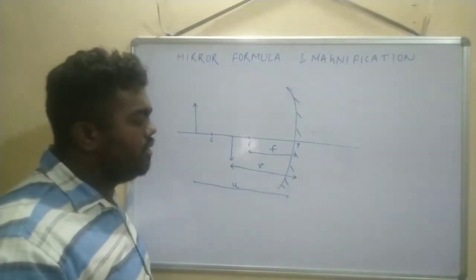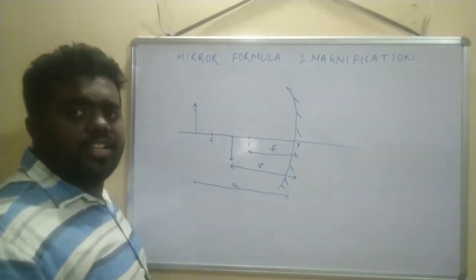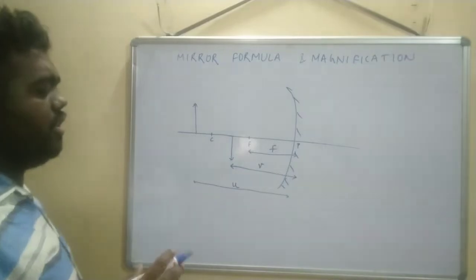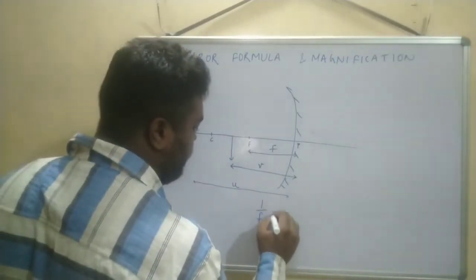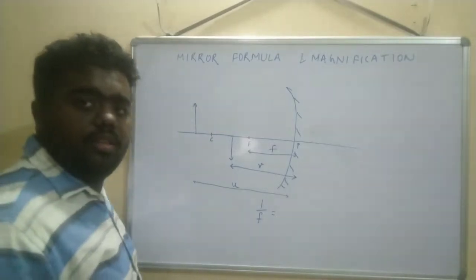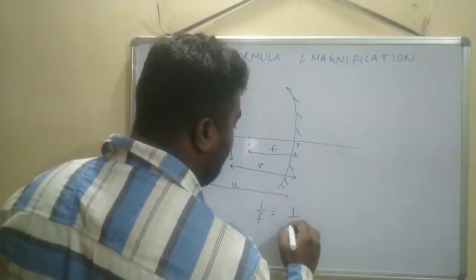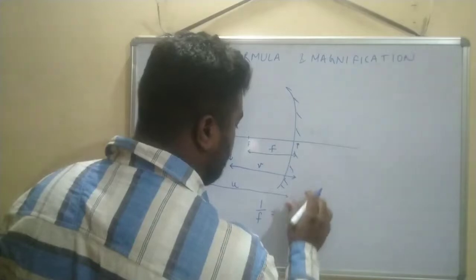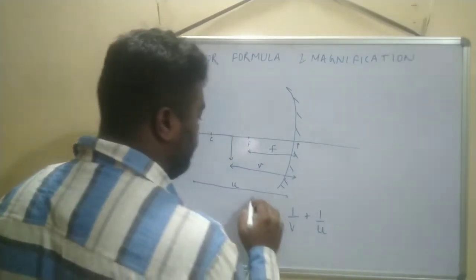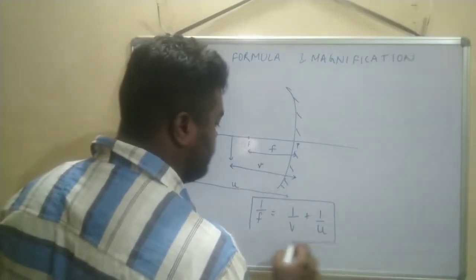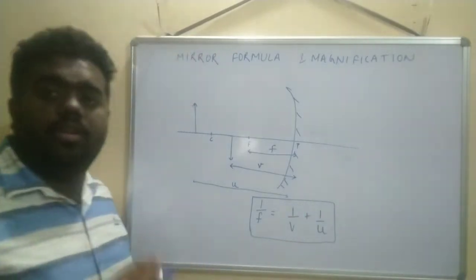We know this thing. Now what relation do we get for mirror formula? The relation is 1 by f, means 1 by focal length, is equal to 1 by v plus 1 by u. This is known as mirror formula.